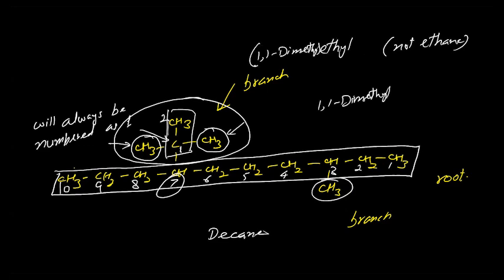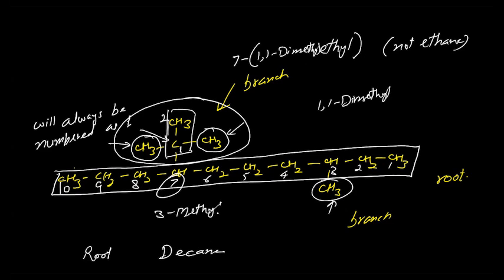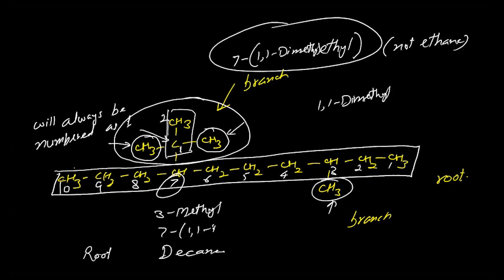So this whole is attached to the root chain at which carbon? 7th carbon. So I will write 7 hyphen and then in brackets 1,1-dimethyl ethyl. So root is decane. One branch is 3-methyl. Another branch is 7-(1,1-dimethyl ethyl).